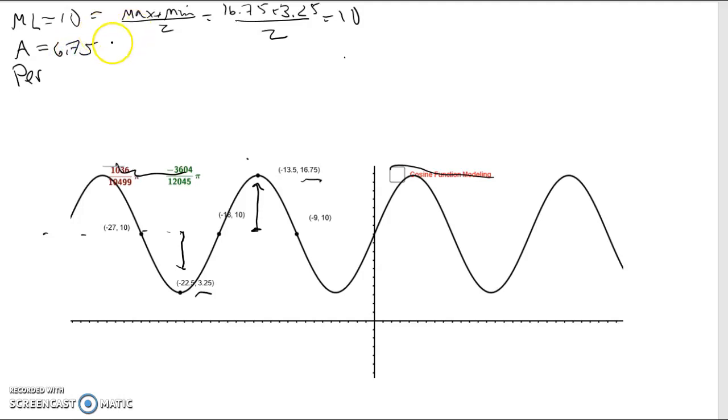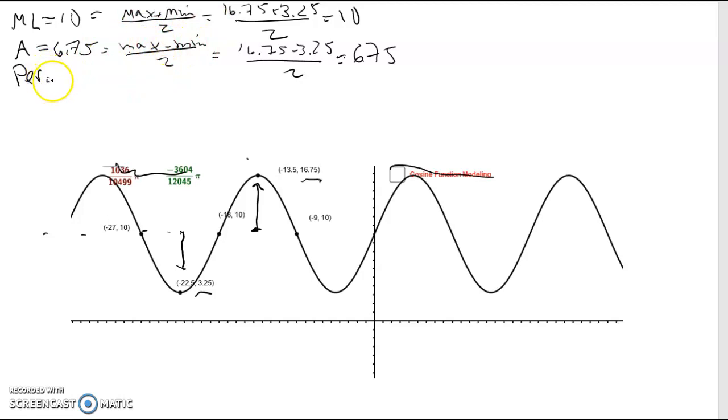But we could also use our max minus min over 2, which is 16.75 minus 3.25 over 2. We're at 16.5 over 2, which is in fact 6.75. So you can either visually check it out sometimes, or use this formula.